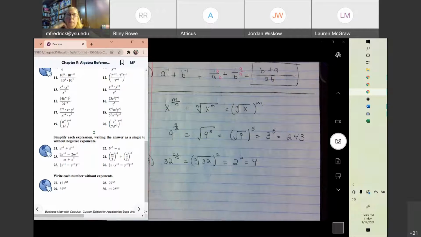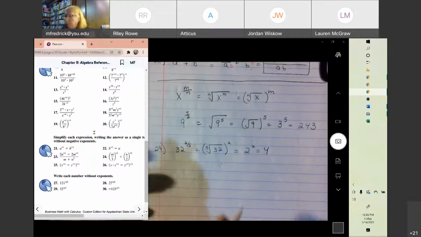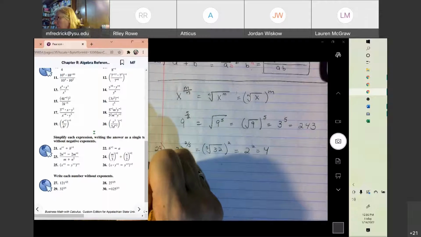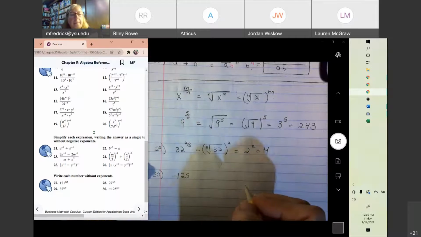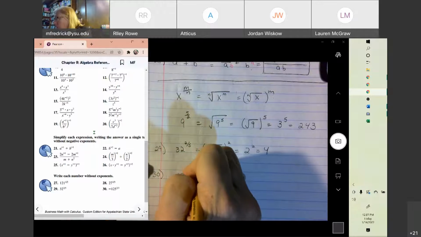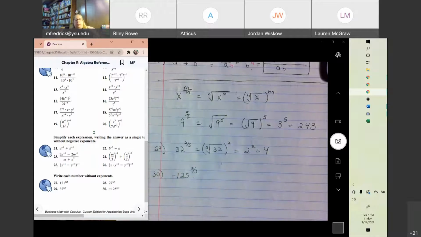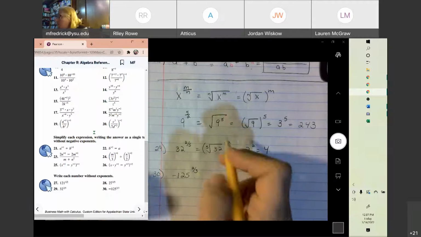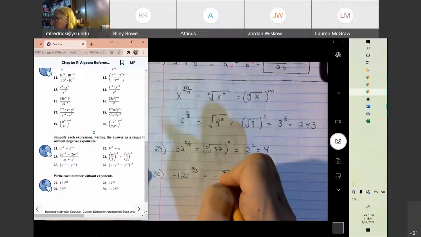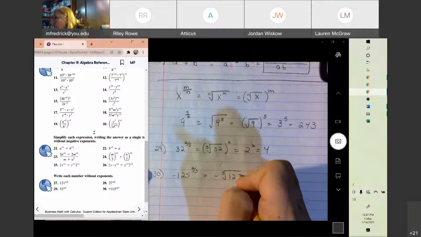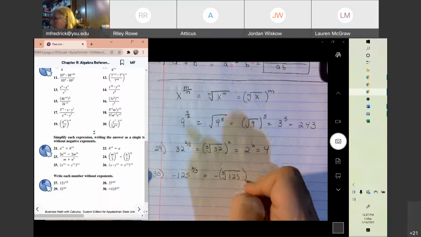Number 30. Negative 125 to the 2/3. It's not in parentheses, so that negative is not to the 2/3 power. That stays out. If it was in parentheses, then it would be used. But since it's not in parentheses, the negative just gets carried along. It's the cubed root of 125 squared.